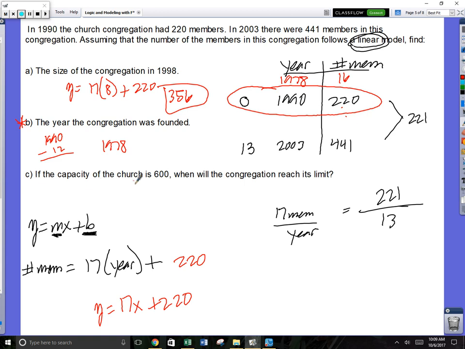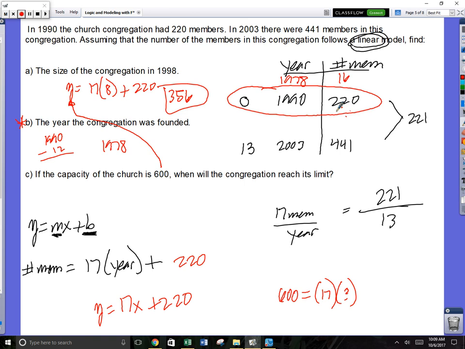If the capacity of the church is 600, so they can hold no more than 600, when will it reach its limit? So 600 is that number right there. It's the population of the church. So I'm going to go 600 equals, and I'm going to go 17 each year, but I don't know the year, so that's x.